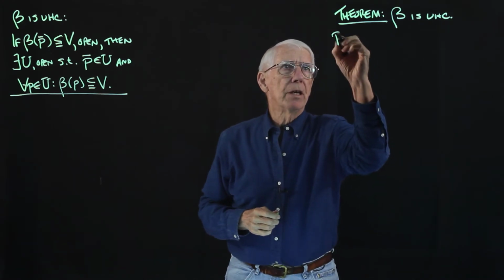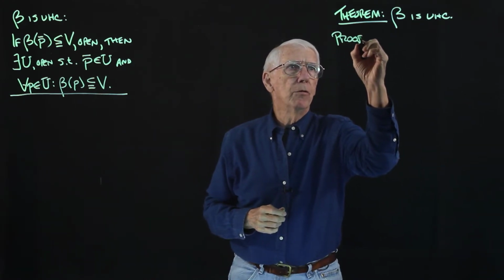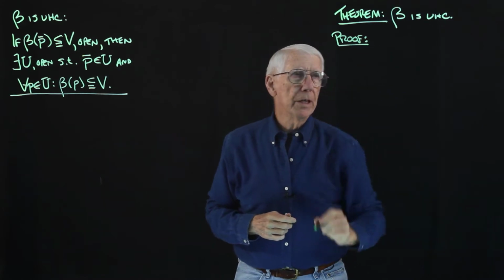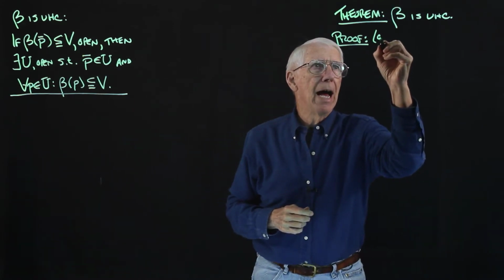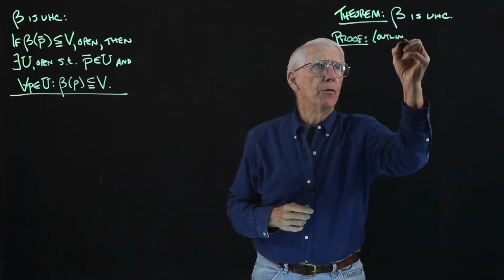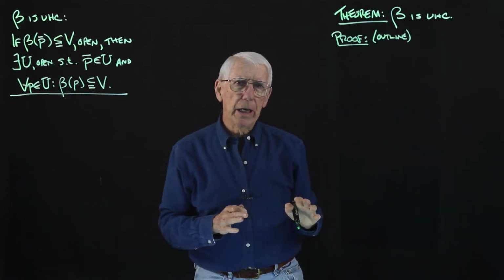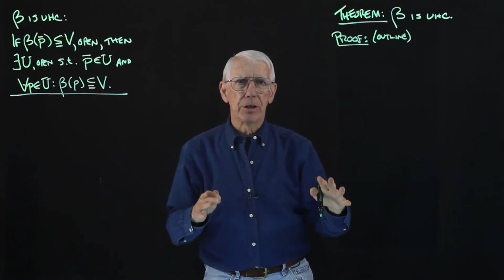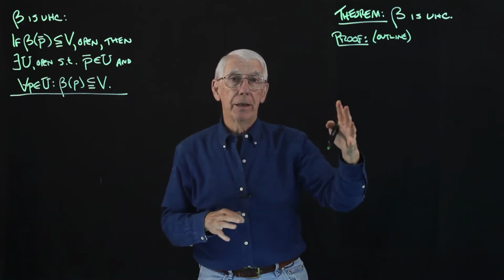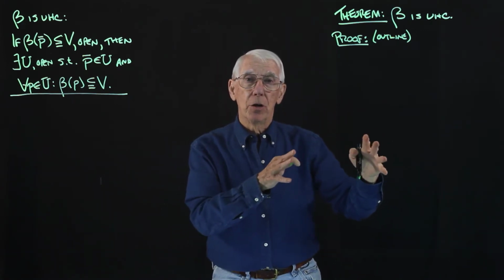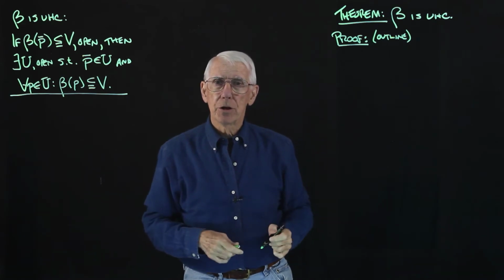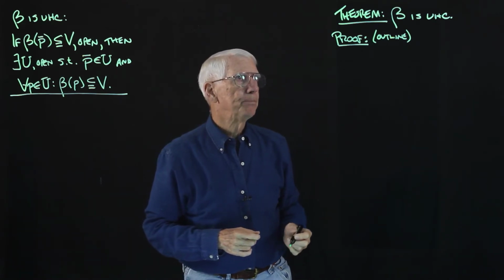So let's see if we can give a proof of this, and this is really going to just be an outline of the proof. I'm not going to go through all of the algebraic calculations that we need to do, but we'll set things up so that you could do those calculations.